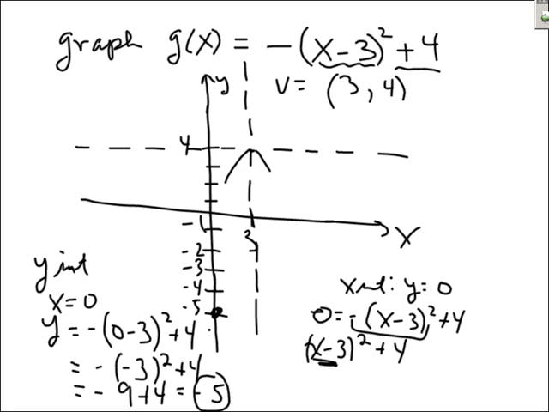That must be 2 or -2. X minus 3 is 2, or x minus 3 is -2. Well, we all know that 5 minus 3 is 2, and we should know that 1 minus 3 is -2. So it crosses the x-axis at 5 and 1.